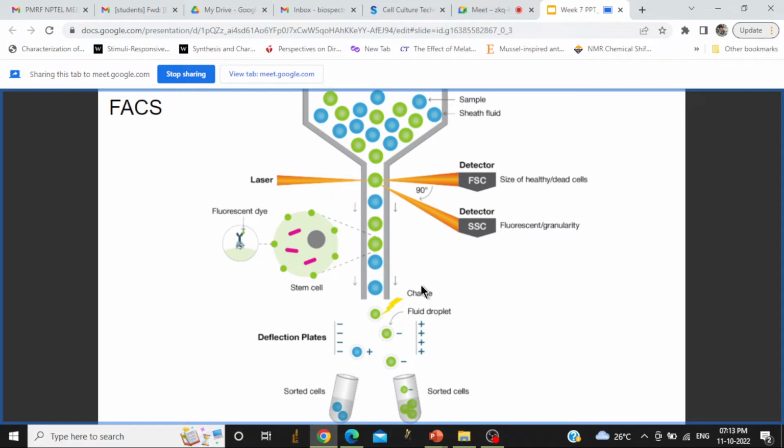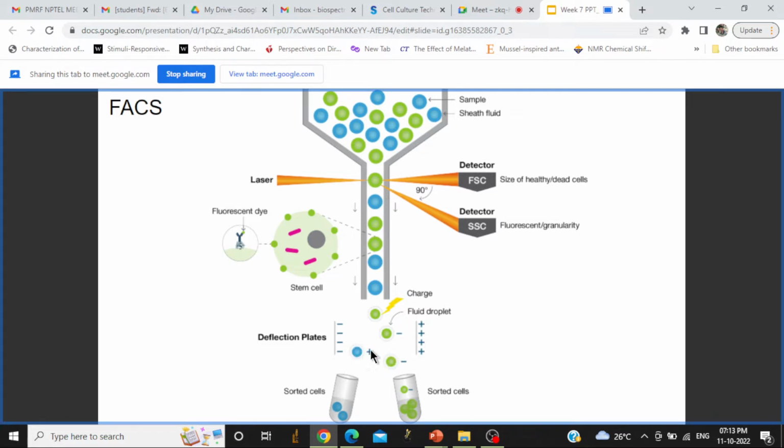So what this fluorescence assisted cell sorting does is, as these detectors have detected that this and this cell are different, different charge will be given to these cells. The charge will not be given directly to the cell, but there will be some sheath fluid around the cell, and the charge will be given to this sheath fluid, and below this tunnel there are deflection plates.